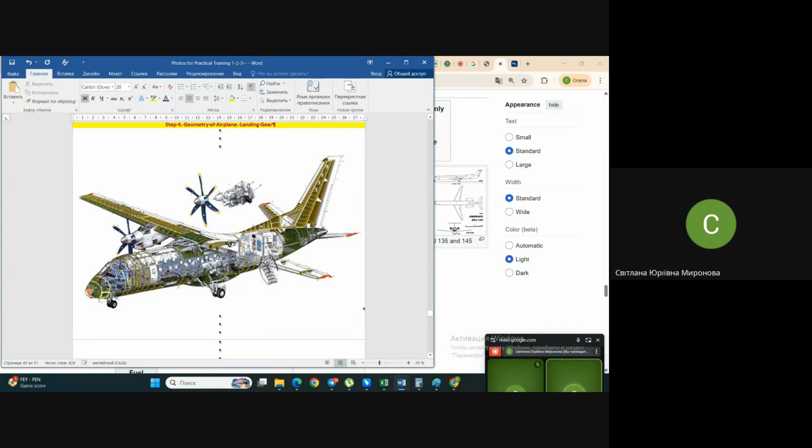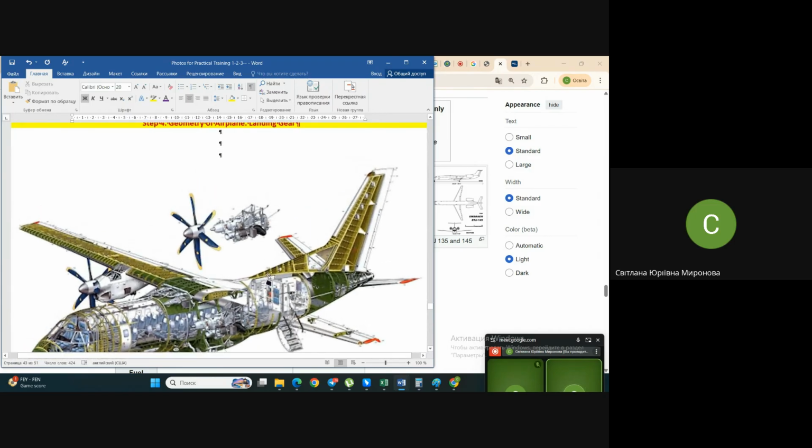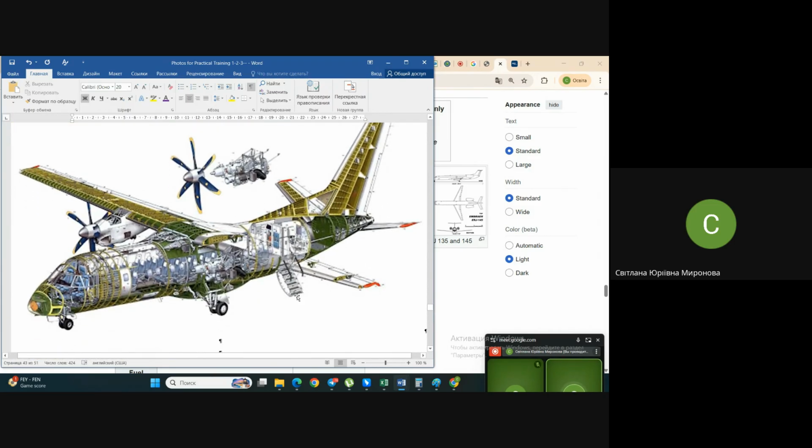Look, the passenger door is at the rear fuselage, closer to the tail unit. And pay attention, it's even an inbuilt door, as you might see. It's a piece of fuselage that falls down to the ground, and it serves as a staircase to the fuselage.